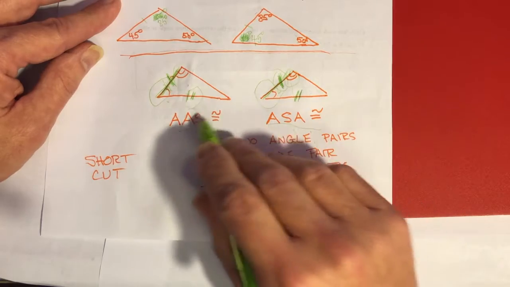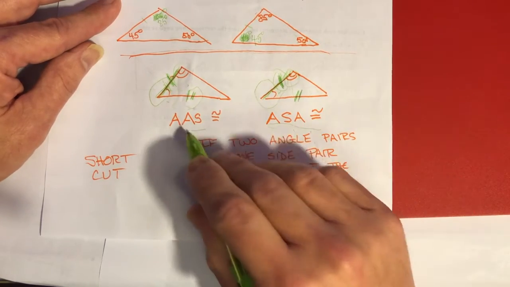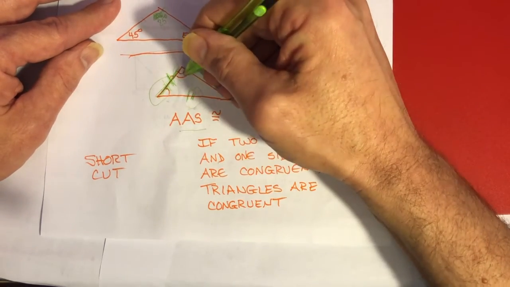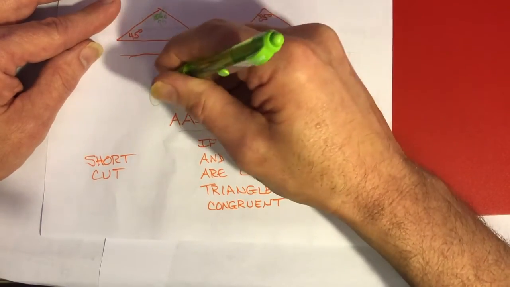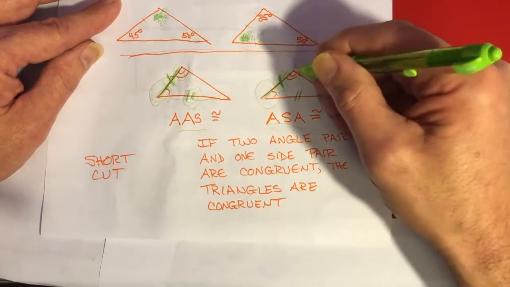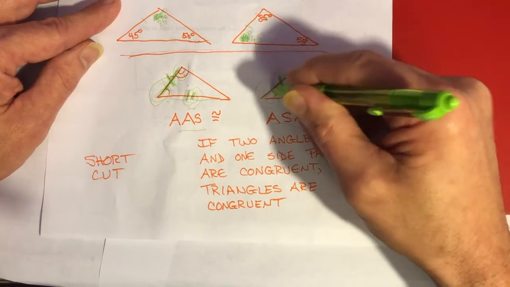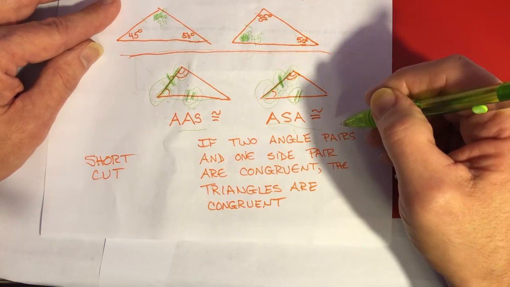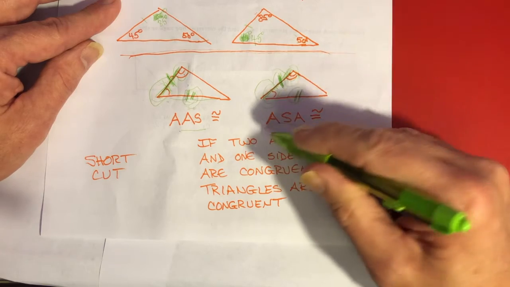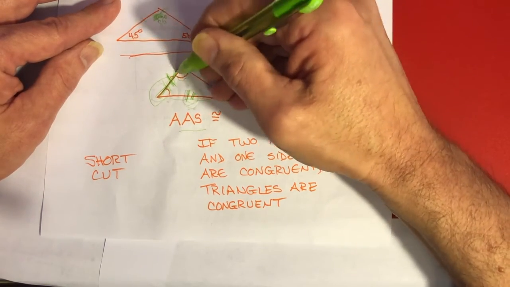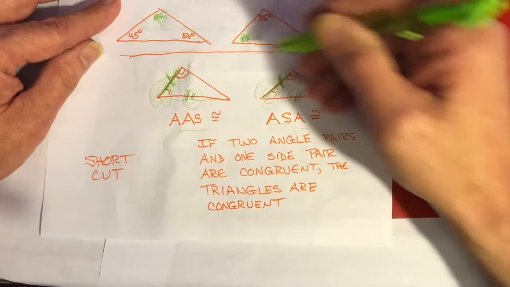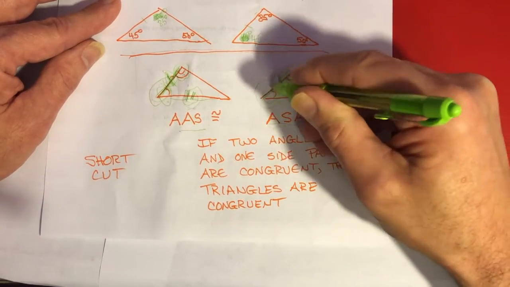It's important that you write it in the right order. In this case, angle, angle, side would be angle, angle, side here, right? Angle, angle, side, congruent to angle, angle, side. Okay. And angle, side, angle would go the other way. Angle, side, angle, angle, side, angle.